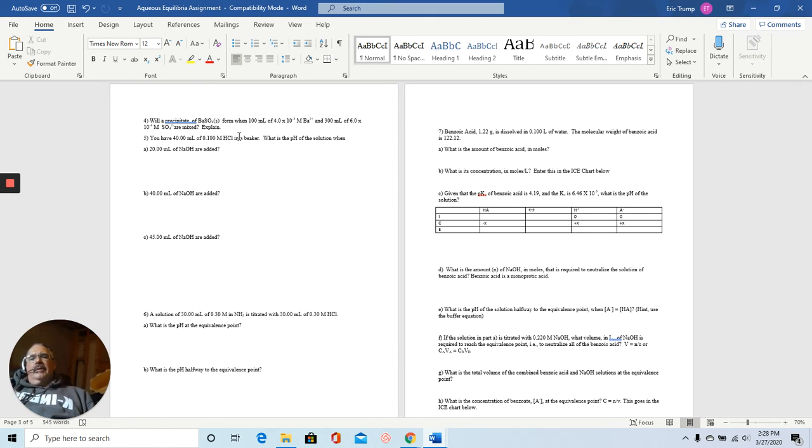You need to calculate the Q, and you would calculate the Q by first determining how many millimoles you had, and you would divide that by the total volume that you would get when you mix the two solutions. And you would compare that to the KSP. So you need to have an explanation. If you just say yes or no, there'll be no credit.